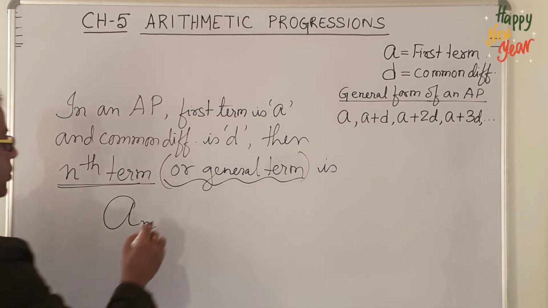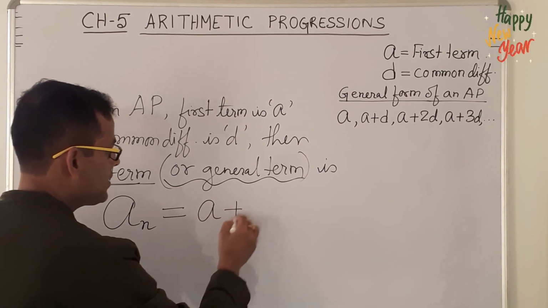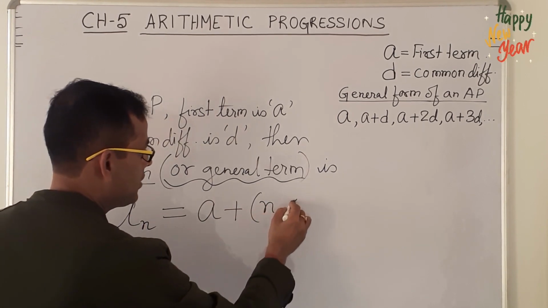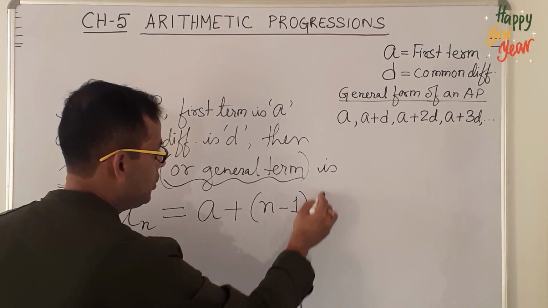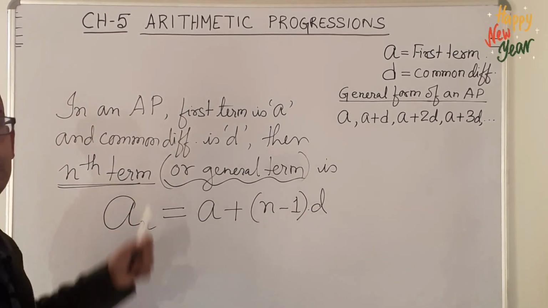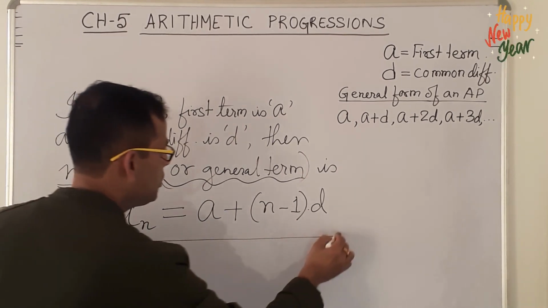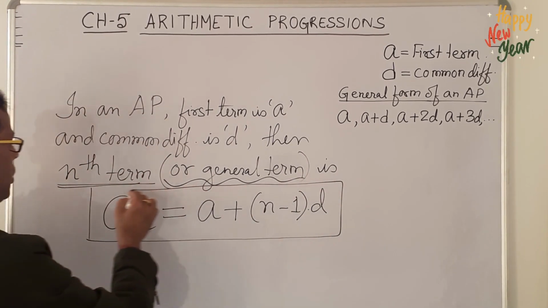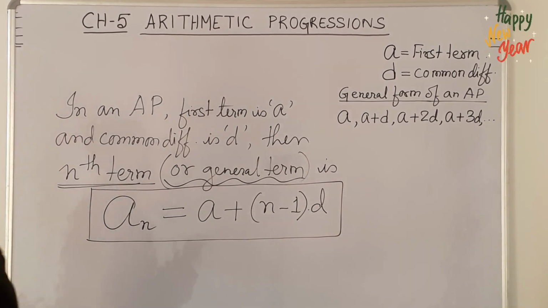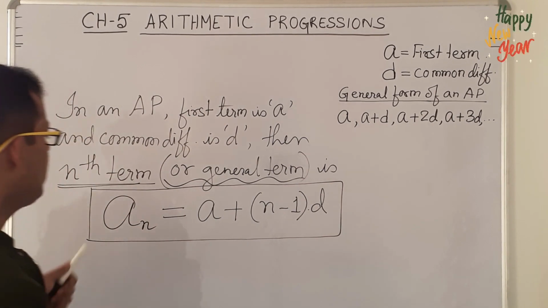And what is the formula? Formula is A plus N minus 1 into D. So this is the formula of the nth term. Now all of you have to understand the formula and you have to know the formula. You can memorize also, but it is very easy.